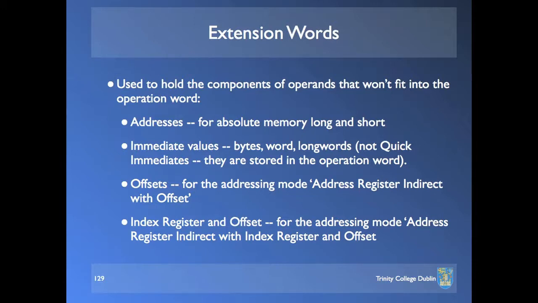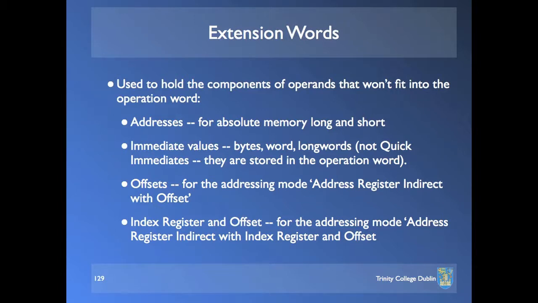Okay? So if you were saying I want to move a long word whose value is 751, that value is going to occupy two extension words in the instruction. Two extension words. So it's a pretty costly little thing. But there you go. That's the cost of doing business.